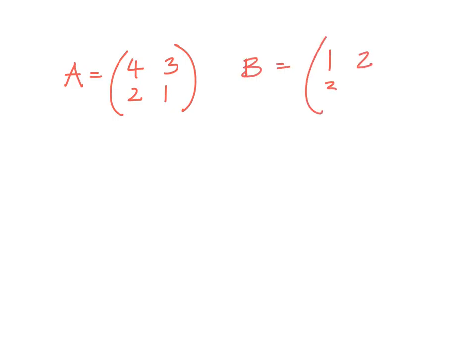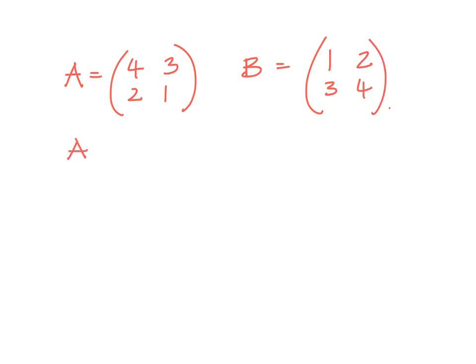Now, if we continue on with the subtraction and addition of matrices, let's start with one that's perhaps a little bit smaller. If we have got a matrix A, and we'll just go for 3, 2, 1 in the bottom row and 4 on top, and a matrix B, that we'll call 1, 2, 3, 4.